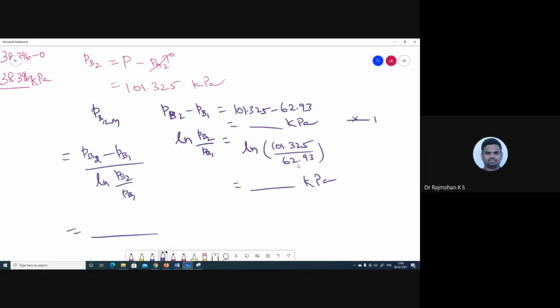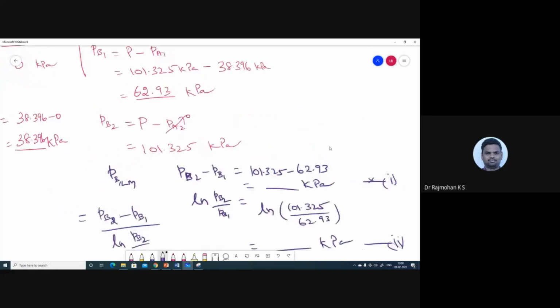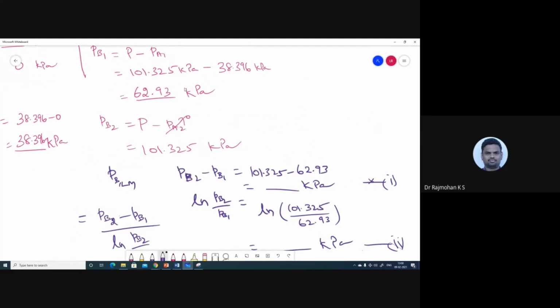Substituting this and this here, we get the value. This again is equal to PA1, right? Because again the same. We should get around 38. PB2 minus PB1 is 38.395. The final answer we can wait for. Let us go step by step.